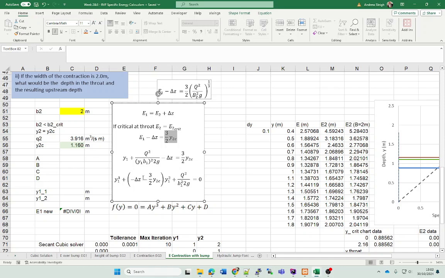Again, go through this yourself to check this, but what's different from the previous calculation is this minus delta Z in the P2 term. That's the change. So we put in our values for the cubic.